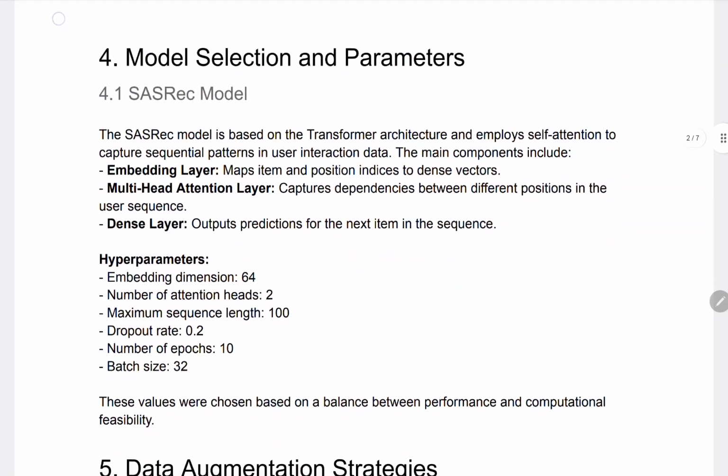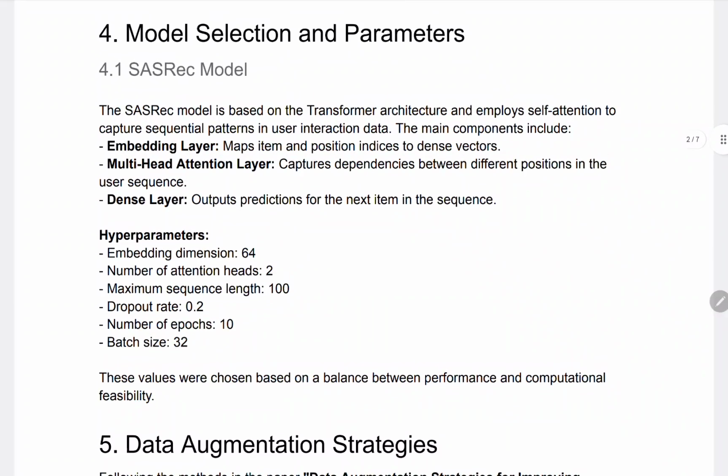To evaluate the effectiveness of data augmentation, we used SASRec, a state-of-the-art sequential recommendation model based on the transformer architecture. SASRec is particularly strong at capturing sequential patterns because of its self-attention mechanism.